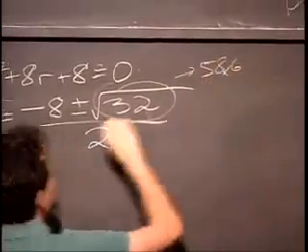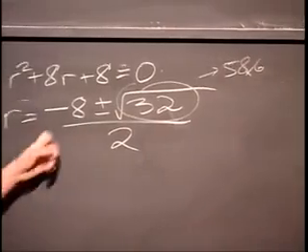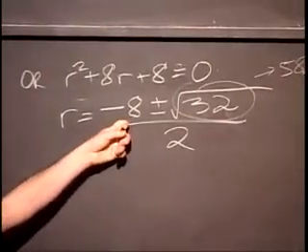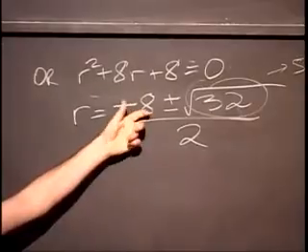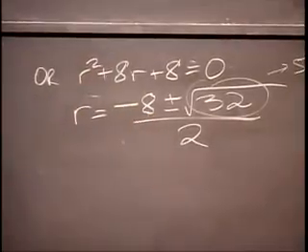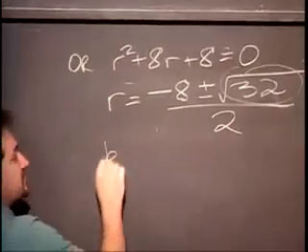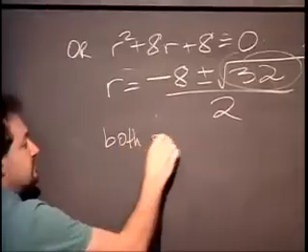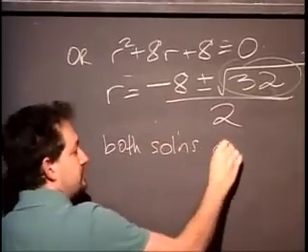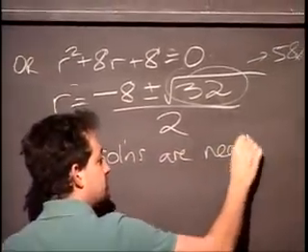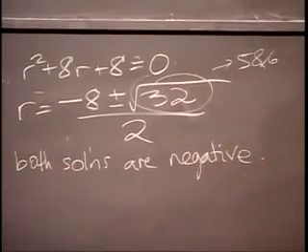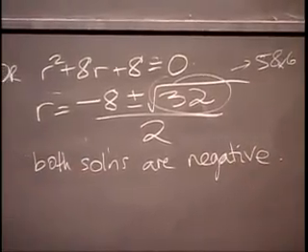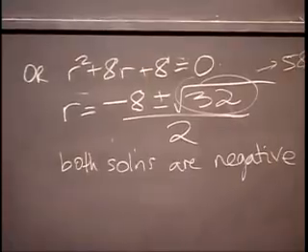And so, regardless of whether you add it on or subtract it from minus 8, if you add it to minus 8, you get minus 2 at the worst. And obviously, if you subtract it, it's even more negative. So both these solutions are negative. And so they would be critical points if we could have a negative radius, right?